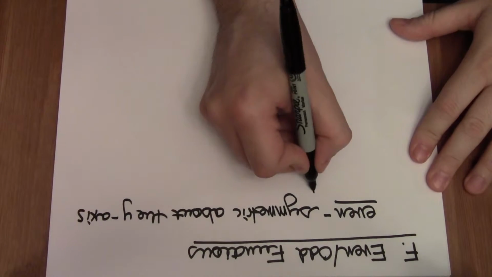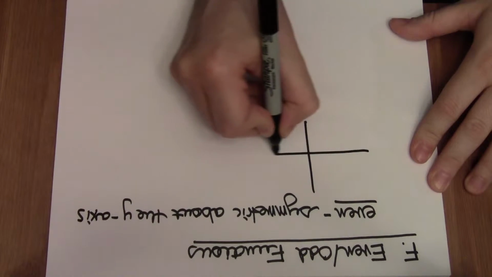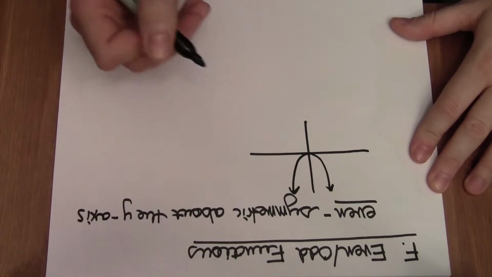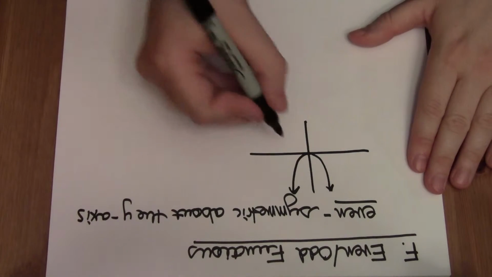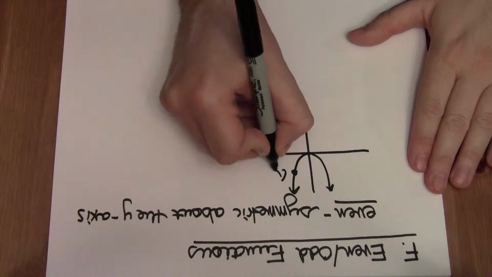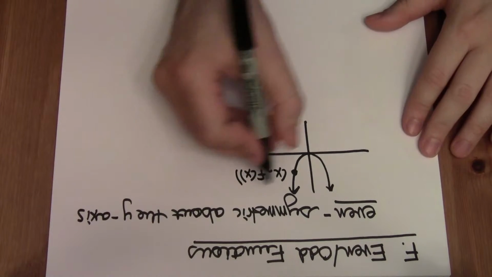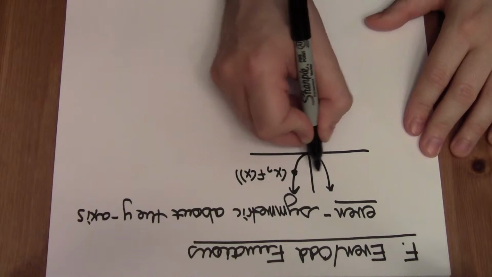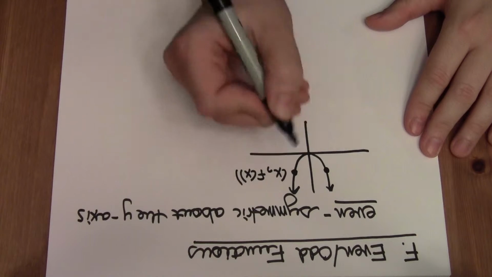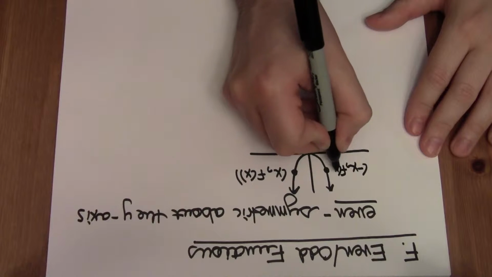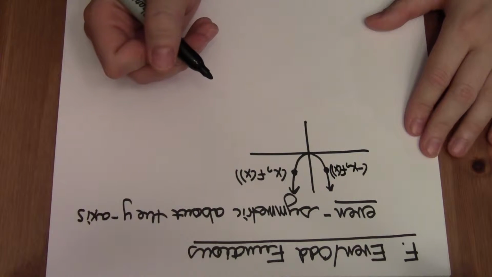For example, if I have something that looks like this, that function looks even. If I have the point x, comma f of x on my function, I also have to have the same point on the other side of the y-axis that would match up with it, that looks like negative x, comma f of x.